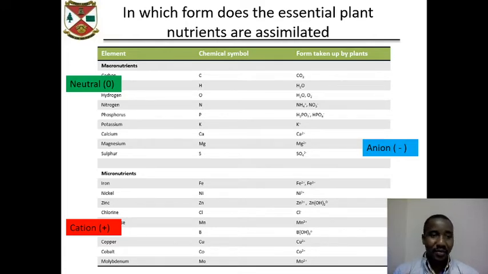So cation for positive, neutral for uncharged, then anion for negative or negatively charged.